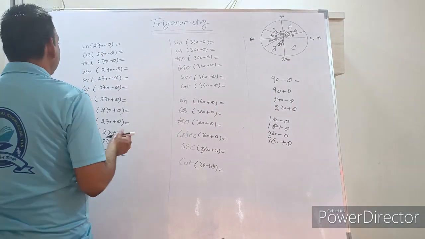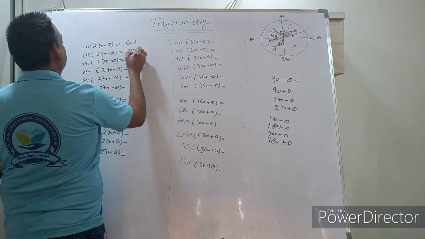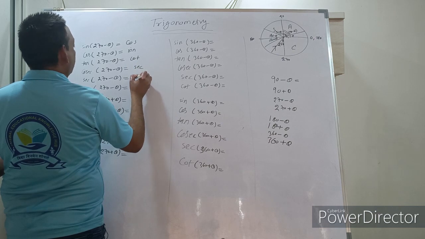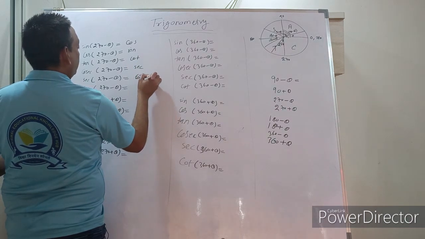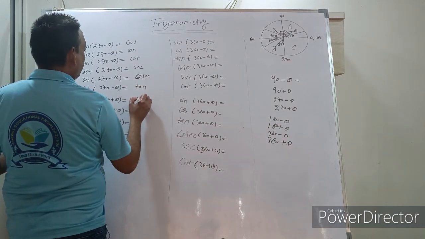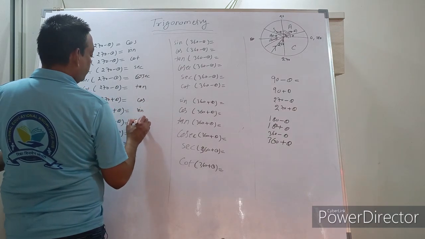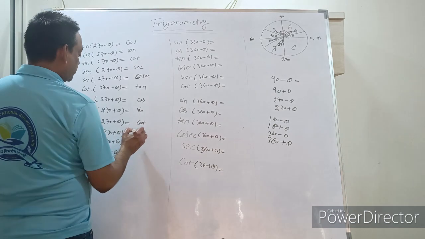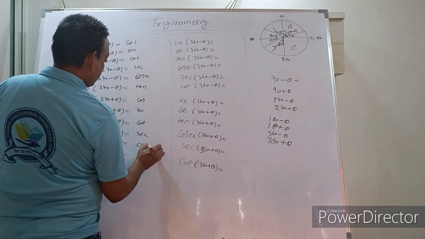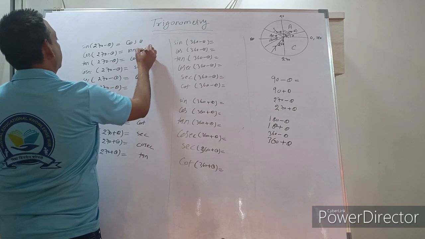So first of all, sine becomes cos, cos becomes sine, tan becomes cot, cosec becomes sec, sec becomes cosec, and cot becomes tan. All this becomes in terms of theta.